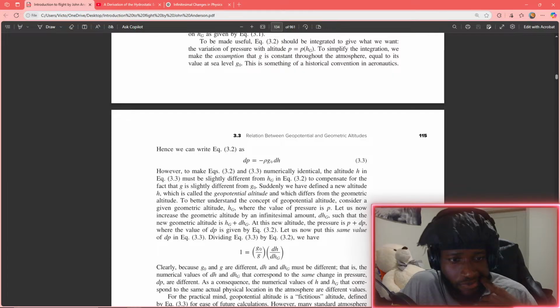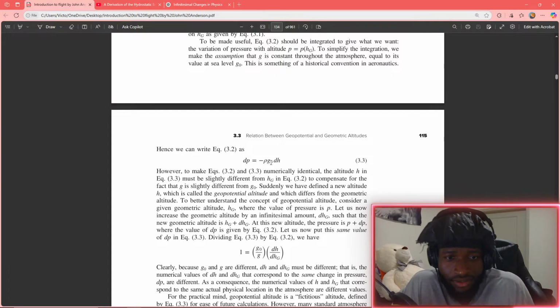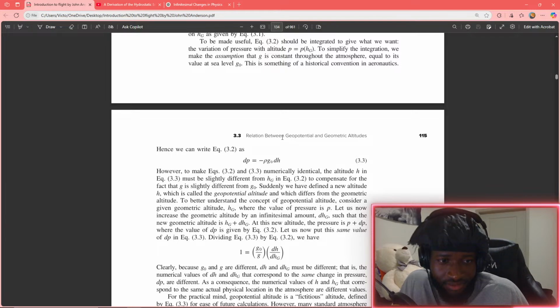Integration of dP is P, so if we integrate dP is equal to g dh. G is constant, and P is equal to gh. Pressure is only a function of h. Okay.